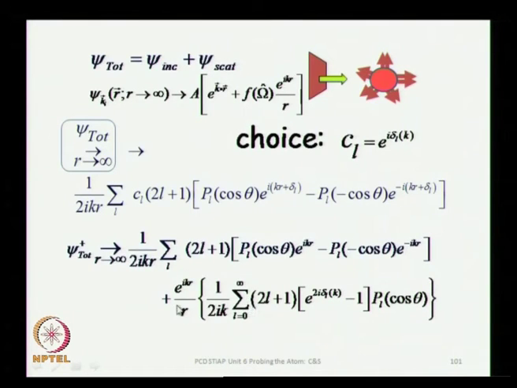So it is a sum of the plane incident wave and the scattered wave. In the scattered wave it is only the outgoing part, e to the i k r by r, which has this phase shift 2 i delta L, okay, and this is your scattering solution for the choice C L equal to e to the i delta L. So C L equal to e to the power i delta L is the boundary condition which gives you the correct solution for the collision problem.